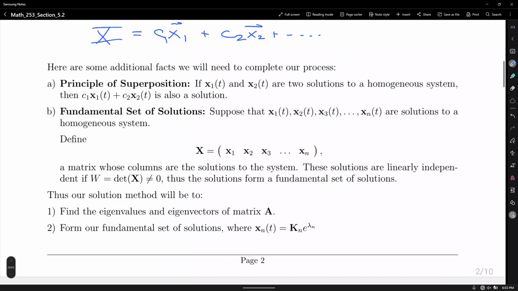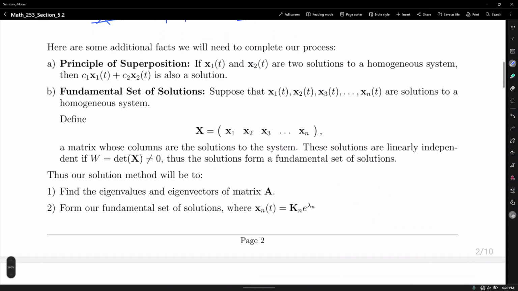You might remember all of this from a month and a half or two months ago. So now, what's everything going to reduce to? Number one, find the eigenvalues and eigenvectors of the matrix, form our fundamental set of solutions, x sub n of t, which is k sub n, the eigenvectors, e to the lambda, and there's supposed to be a t there. Don't forget to write it down.